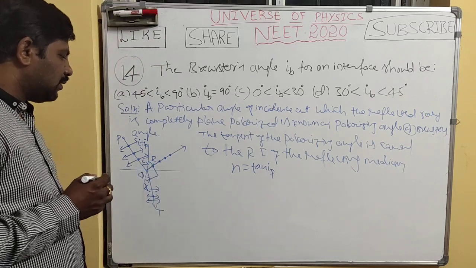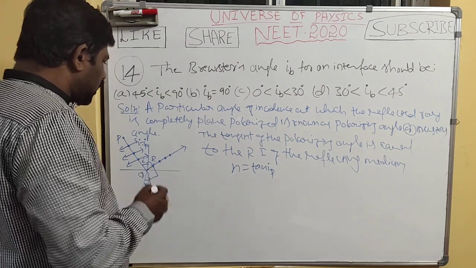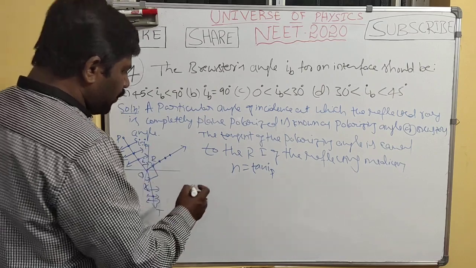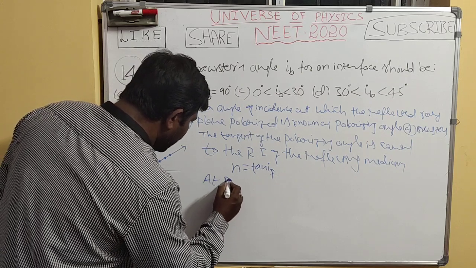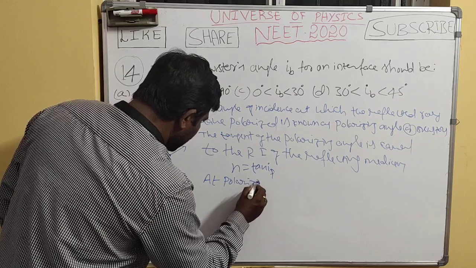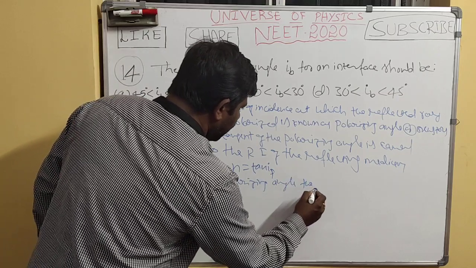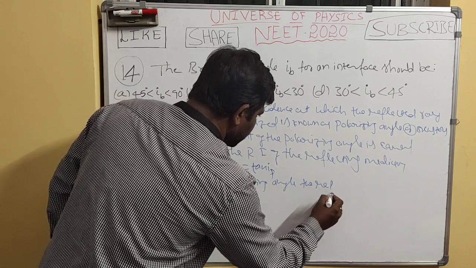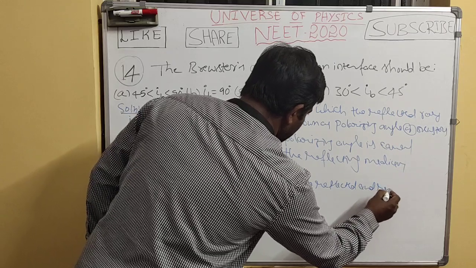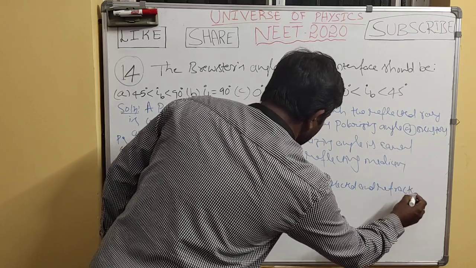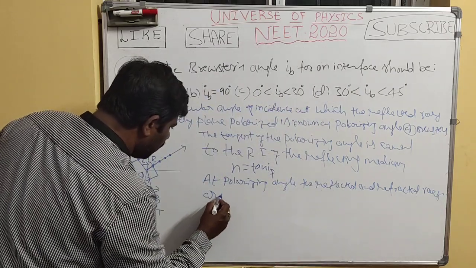And in this case, at Brewster's angle or polarizing angle, the reflected and refracted rays are perpendicular to each other.